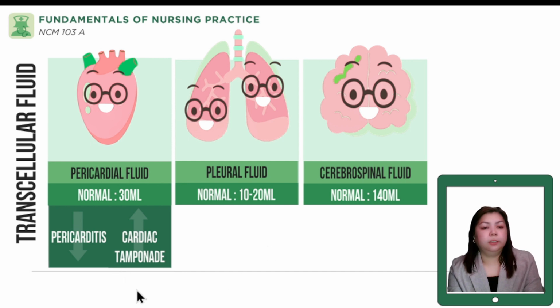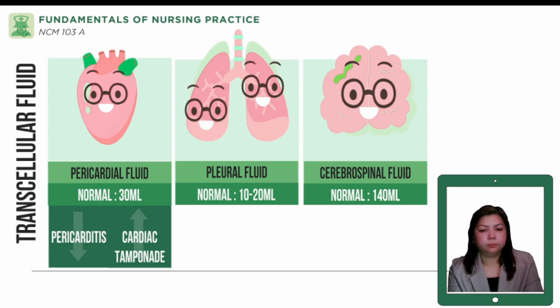It manifests as a muffled heart tone, hypotension, and jugular vein distension. This triad of signs and symptoms is called Beck's triad.